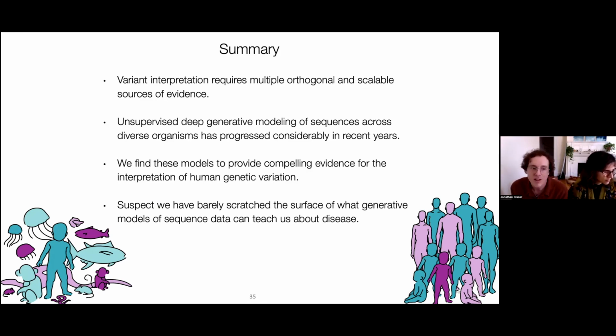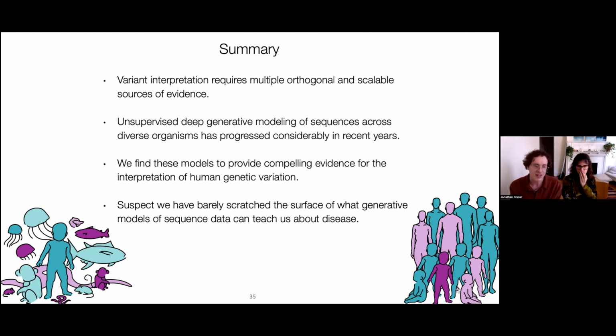And we felt the time was right to revisit this because of the recent progress that's been made in deep unsupervised modeling of sequence data. And it turns out that this data, combined with these models, seems to provide really quite compelling evidence for variant interpretation. So we hope we've convinced you that it's an appropriate time to reconsider how this data is used in variant annotation.